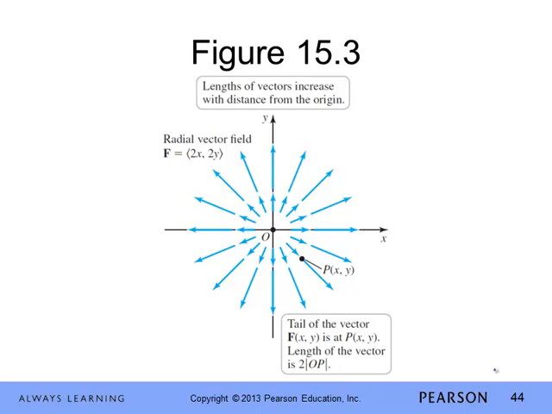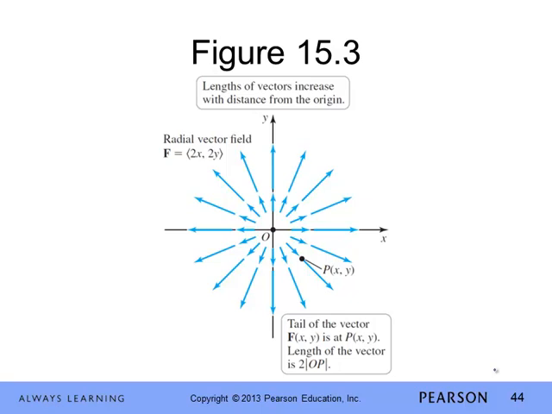So no kidding, your vector is going to point straight up. At 0, -1, your vector field is going to be 0, -2, so your vector is going to point straight down. At -1, 0, your vector field is -2, 0, so your vector is going to point that way and so forth.